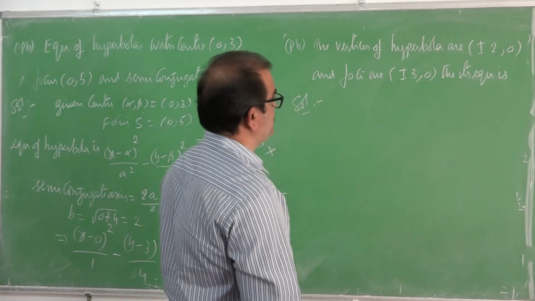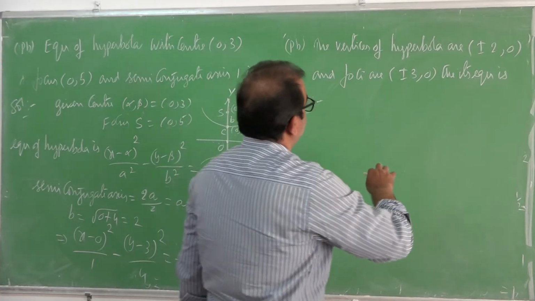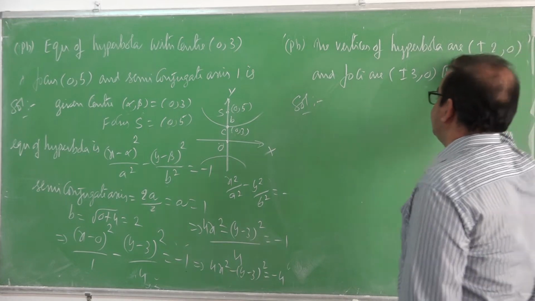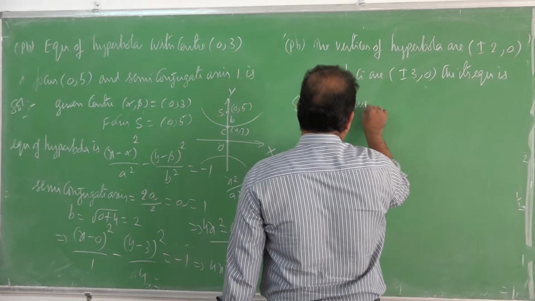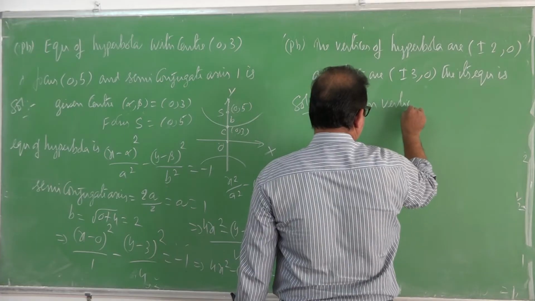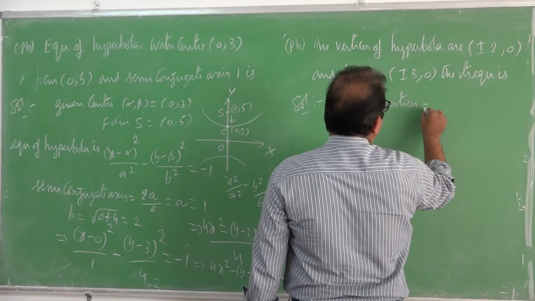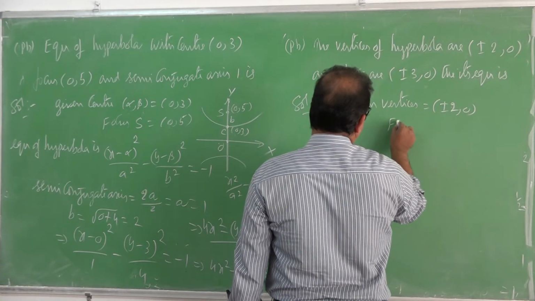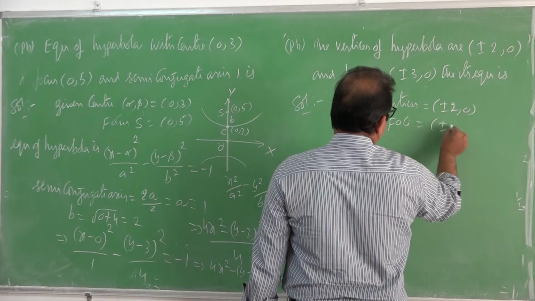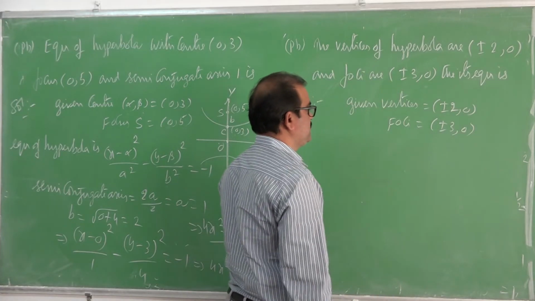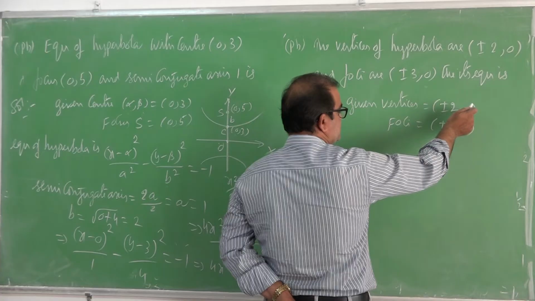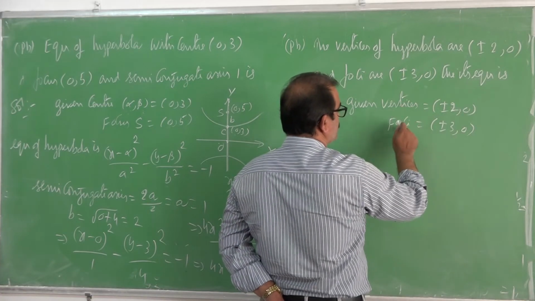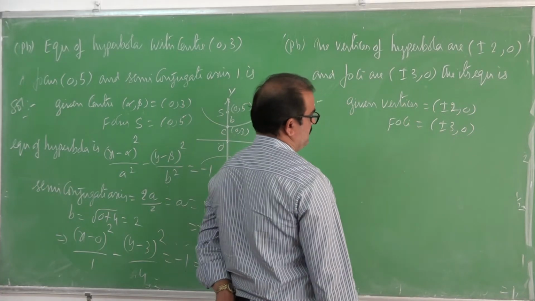First, on observing the points, we trace the shape of the hyperbola. What is given here? Given vertices are plus or minus 2 comma 0, foci plus or minus 3 comma 0. You observe that in both these coordinates, the y coordinate is 0. If the y coordinate is 0, both these points lie on the x axis.